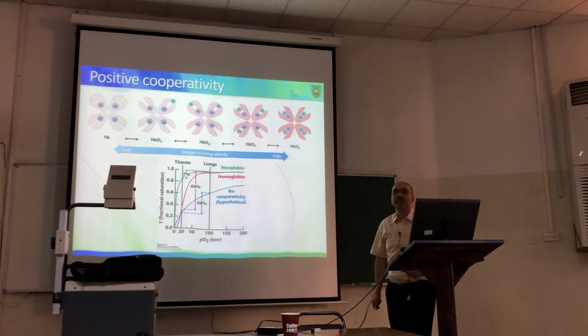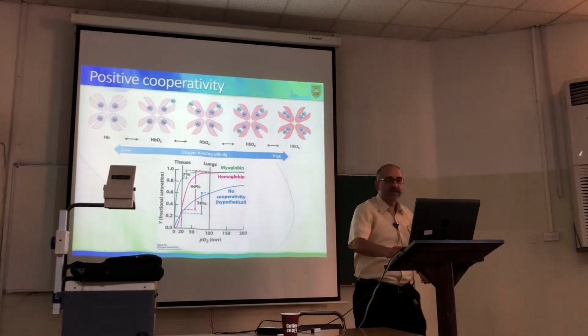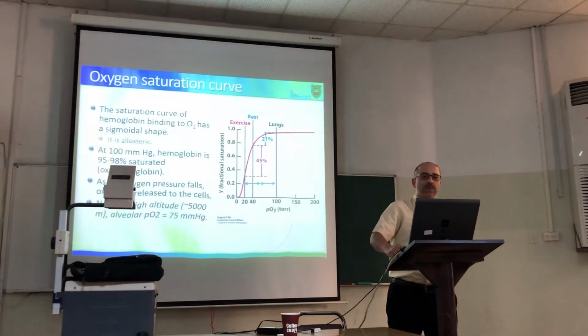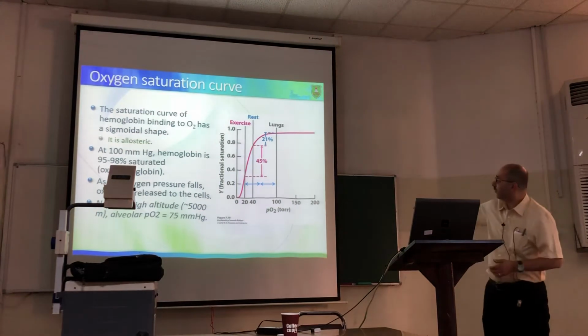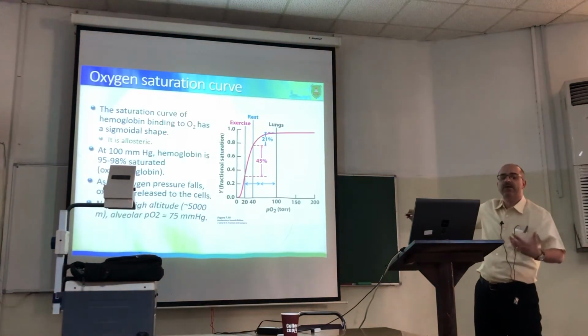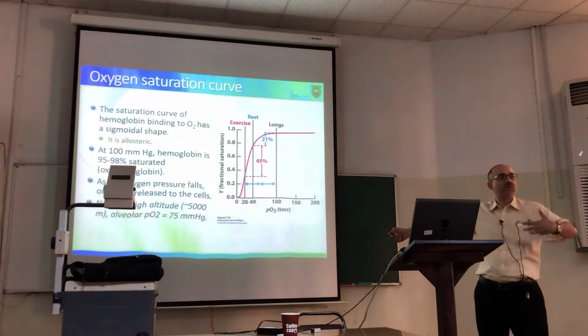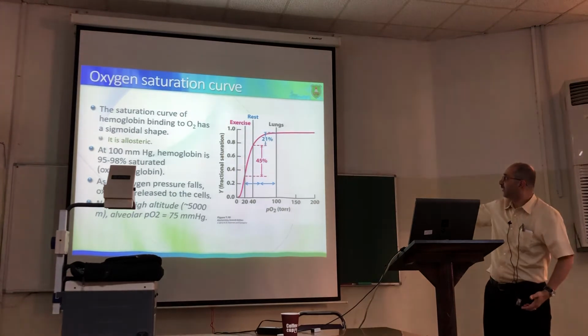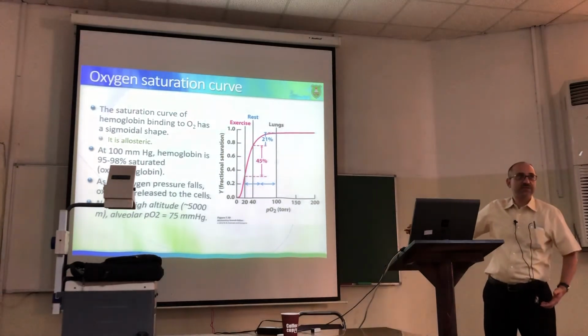And this is the meaning of cooperativity. And that is why you have this sigmoidal shape right here, because it becomes easier and easier for another molecule of oxygen to bind. So right here you have the T state, and right here you have the high affinity R state.